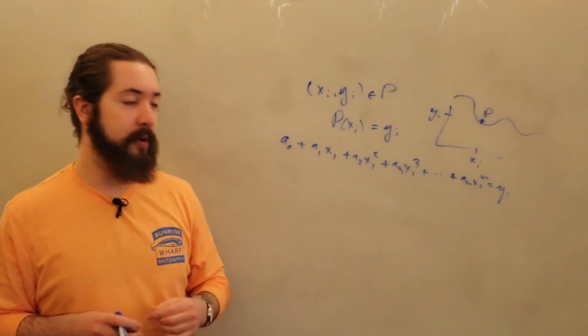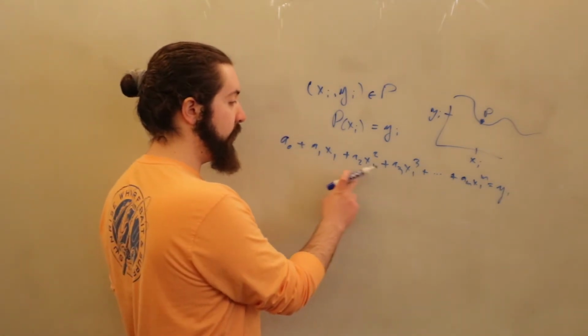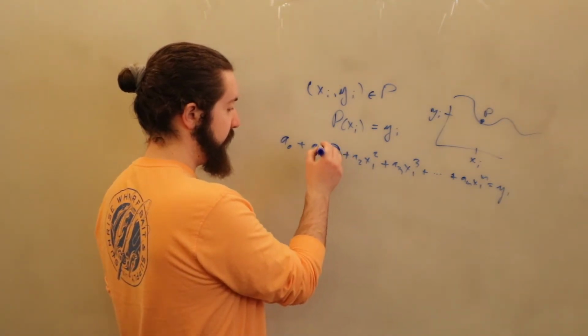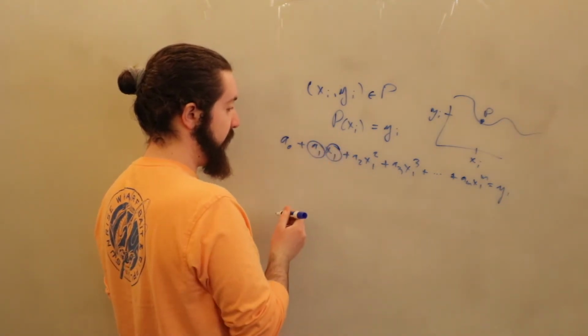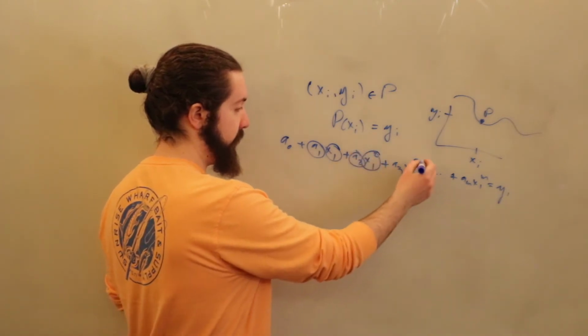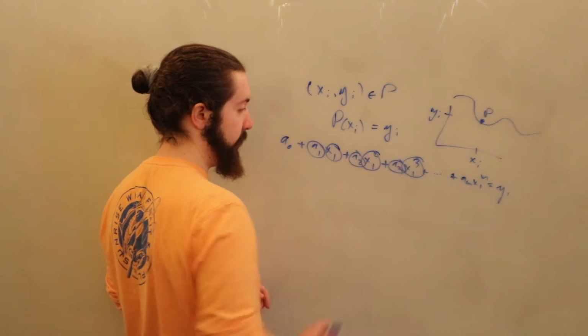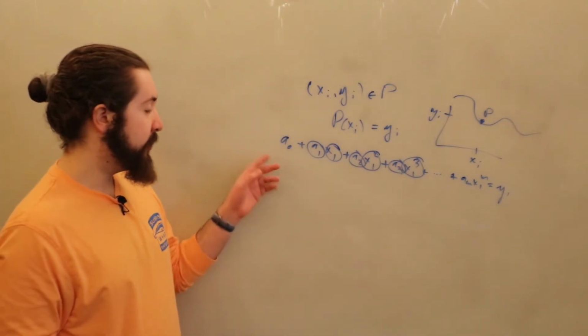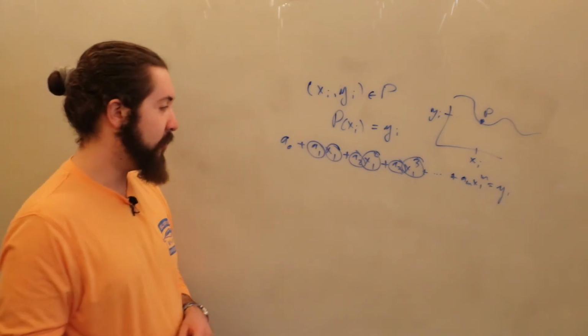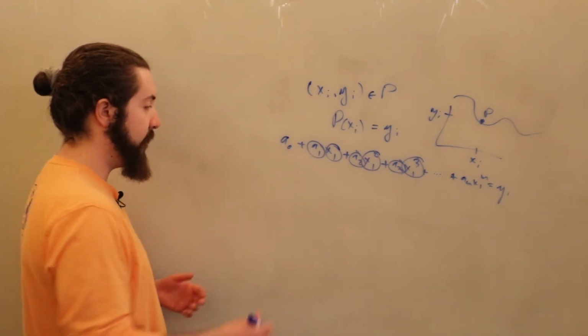But what is it a linear equation in? Our unknown coefficients. We have a number times our unknown, a number times our unknown, a number times our unknown. And notice that this has to be true for all of our points, not just one. So let's write this out.